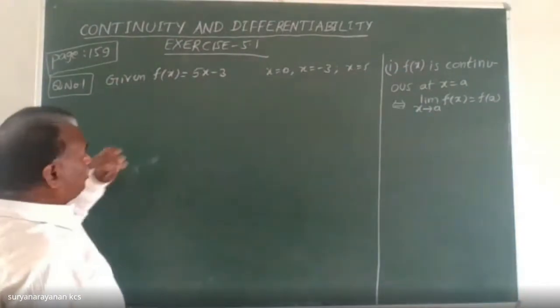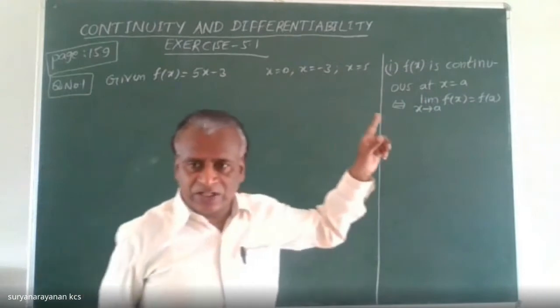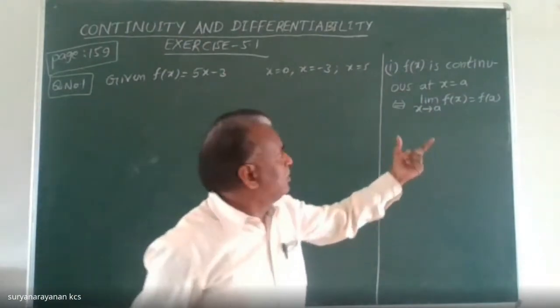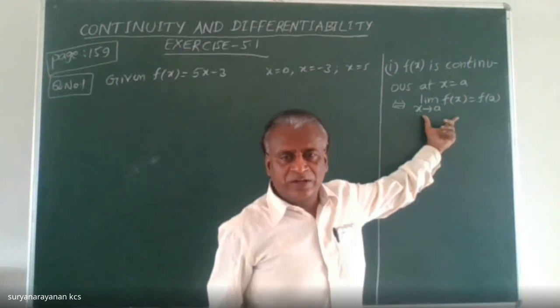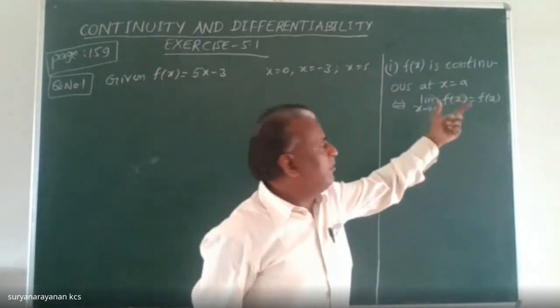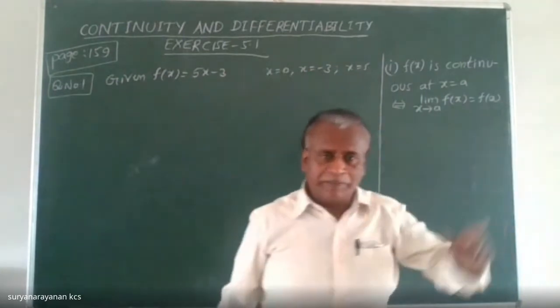Now, to check the continuity of a given function, we have to find the limit of f of x as x tends to a, and we find f of a separately.